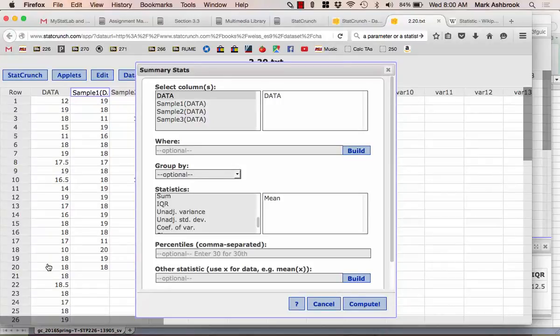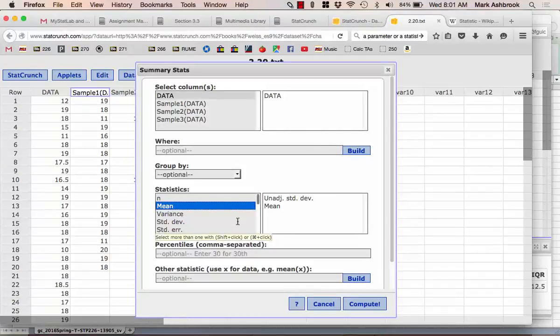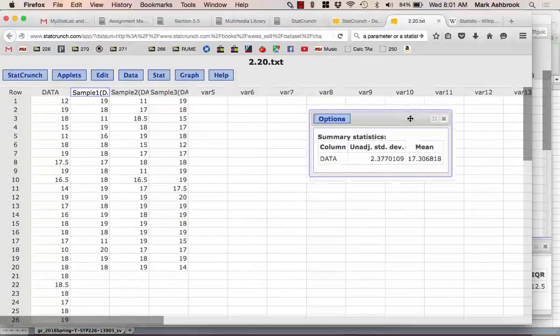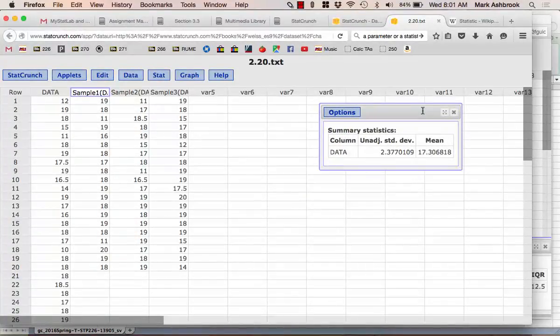Yeah, because if I do adjusted, then it's like trying to predict something from a larger population, but there is none. This is our population of test scores, so it makes sense to look at the unadjusted standard deviation. Okay, compute. So for the population, I got a mean of 17.3 on the quiz, and a standard deviation of essentially 2.38, 2.377. Okay?